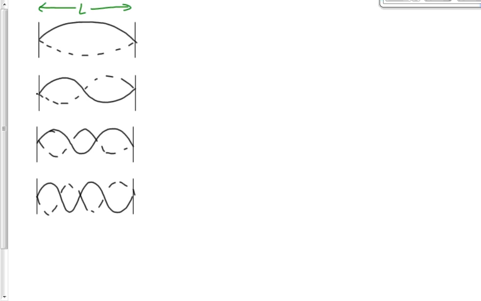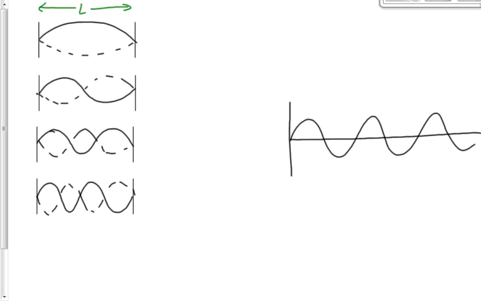Let me draw a wave here, over here on the side. Okay, there's a whole bunch of different sections of a wave. We want to look at each of these and define how much of a wave we have. In other words, the length of it is equal to how much of a wave. Right here, we're going from equilibrium up through the top down to another equilibrium.